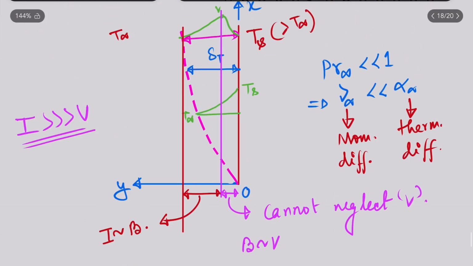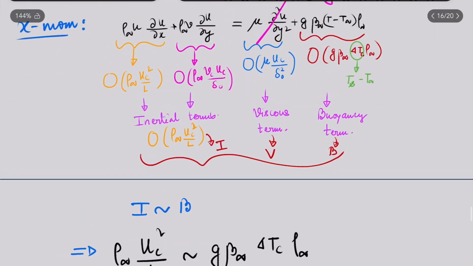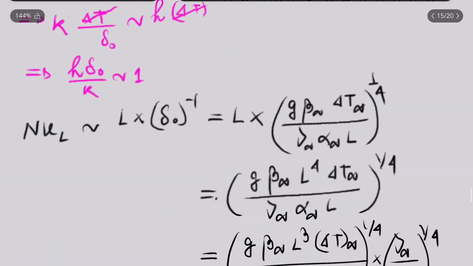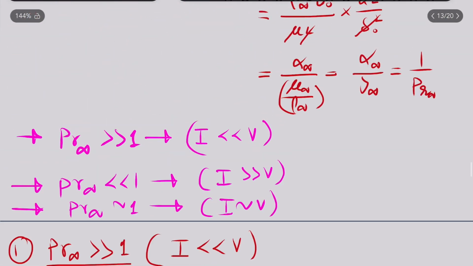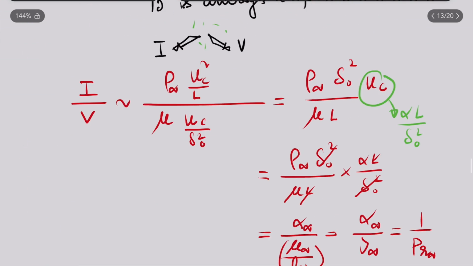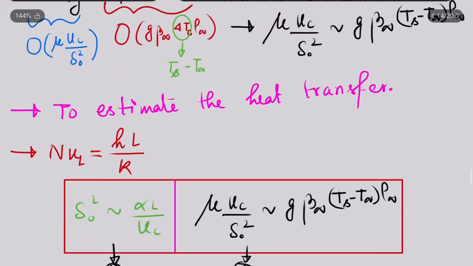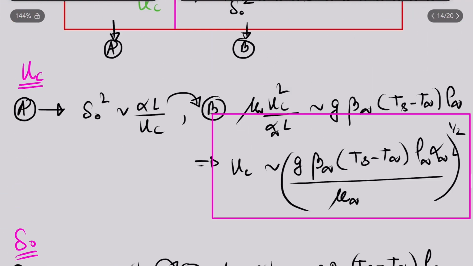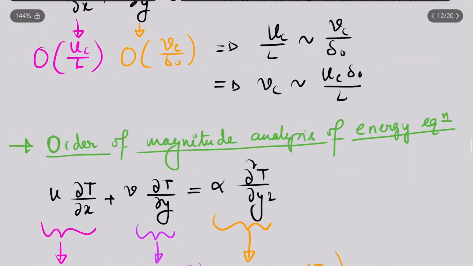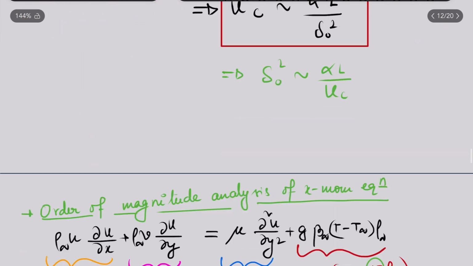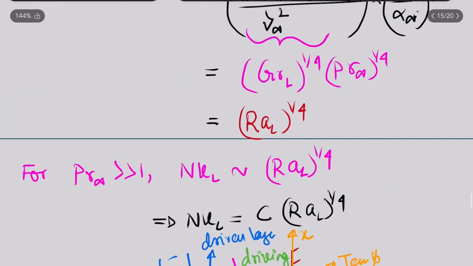I think no, there should not be any other term. Still, let us see the exact equation to be on the safe side. Yes, this is the energy equation and we are right.